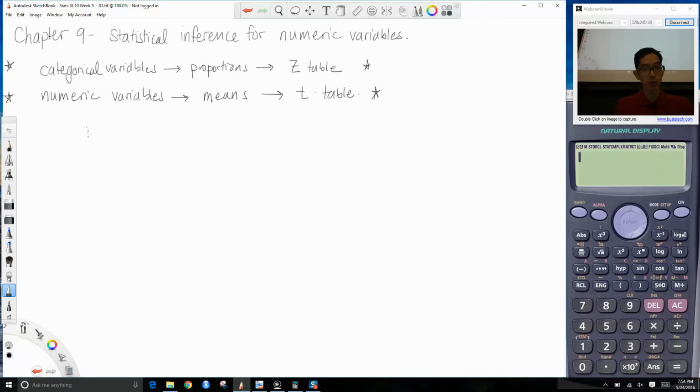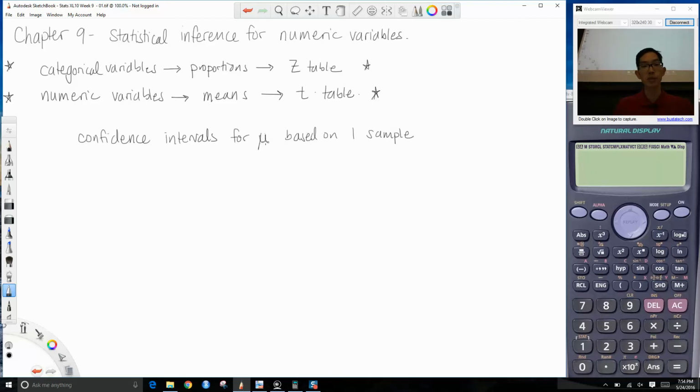So we will have confidence intervals for mu based on one sample. This is mu.